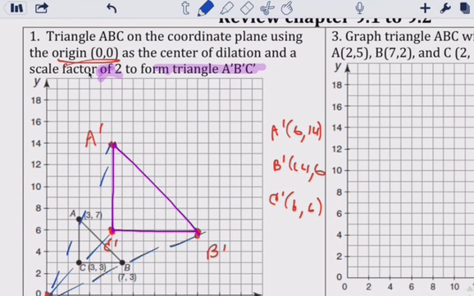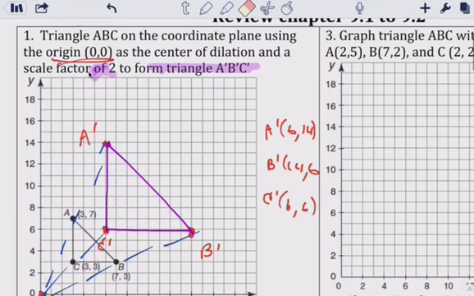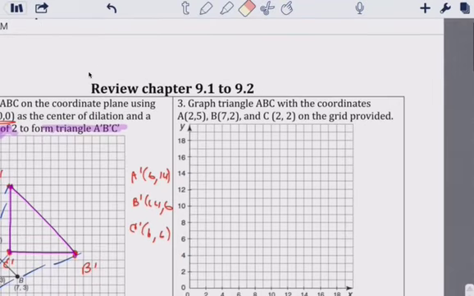This is an enlargement because it started out small and it got larger. Common sense, right? It's greater than 1.